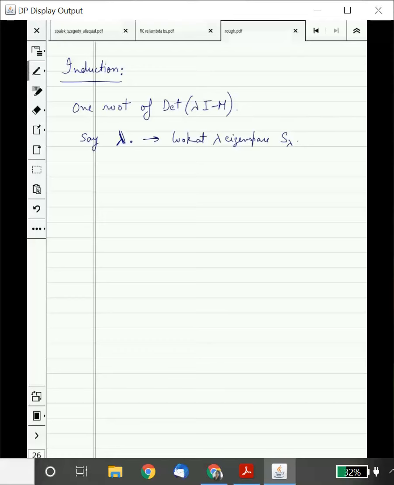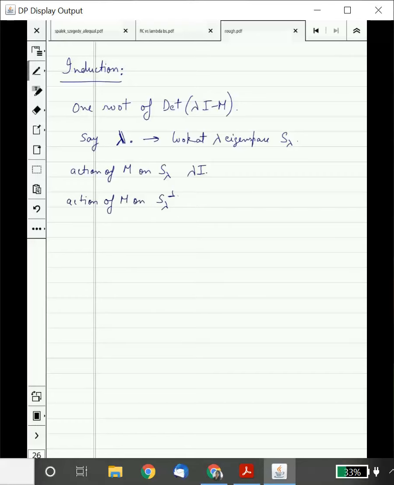In this case, I know that M can be thought of as two matrices. The action of M on S lambda, which is lambda I. Correct? It just multiplies everything by lambda. And then the action of M on S lambda perp.